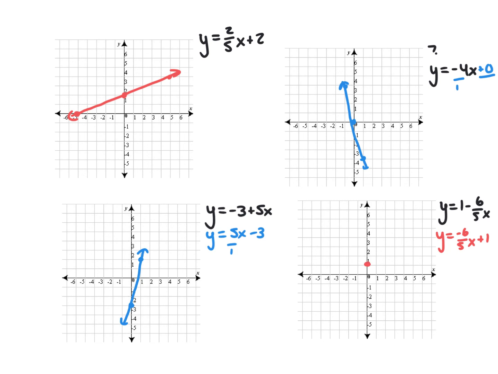I'm going to go down 6, 1, 2, 3, 4, 5, 6, and over 1, 2, 3, 4, 5. Or we could go up 6, 1, 2, 3, 4, 5, 6, and back 1, 2, 3, 4, 5. And then I'm going to connect my dots. So it looks like this.